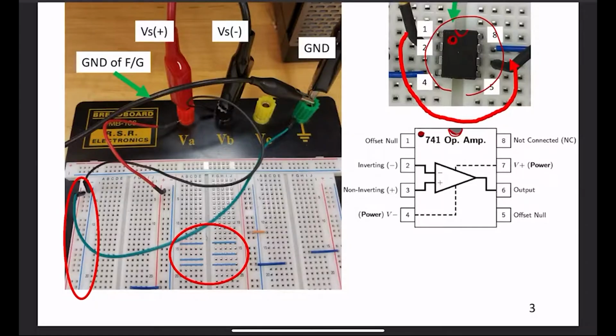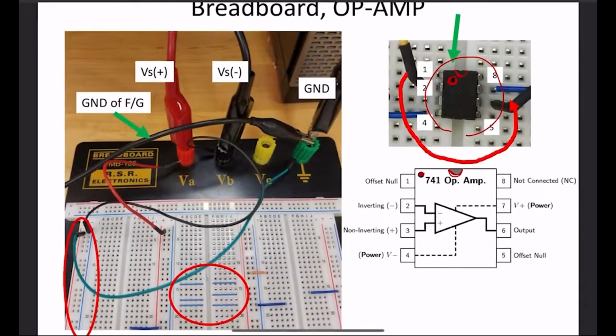And you know that all these lines are connected electrically internally, right? So you have to put your op-amp between these rows, not on top of somewhere like this. This is not how you want to connect your op-amp like this.